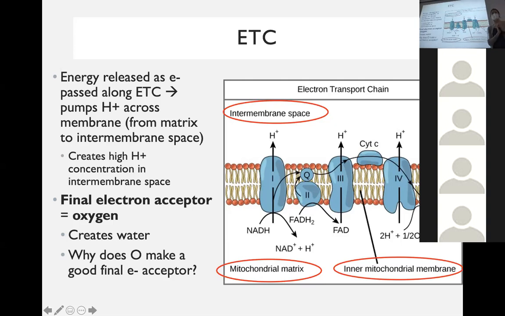And if you think back to basic diffusion, those hydrogen ions are going to want to come back across the membrane. They just naturally want to diffuse back to where there's fewer of them. So that's what our next step is.